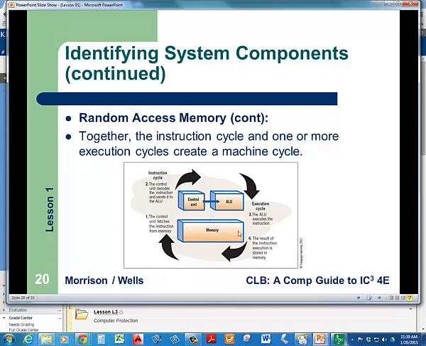RAM follows this instruction cycle. The control unit fetches the instruction, the control unit decodes it, then the ALU does the execution, all the math and logic operations, then the result is fed back into memory. So it goes from memory, to the CU, to the ALU, and then back to memory.